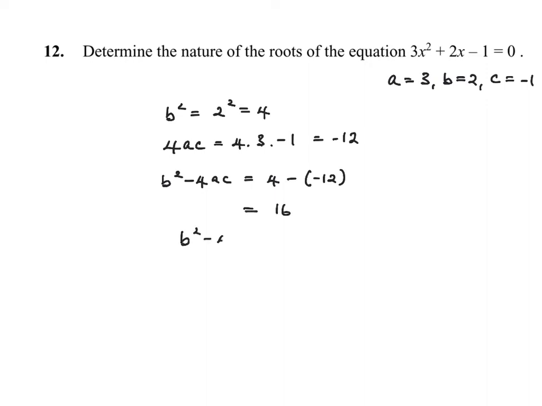Since b squared minus 4ac is greater than 0, there are two real distinct roots.